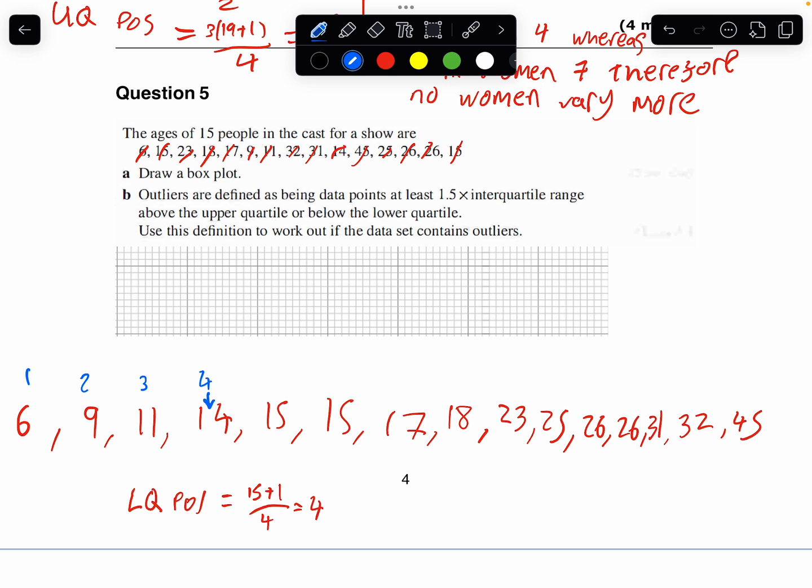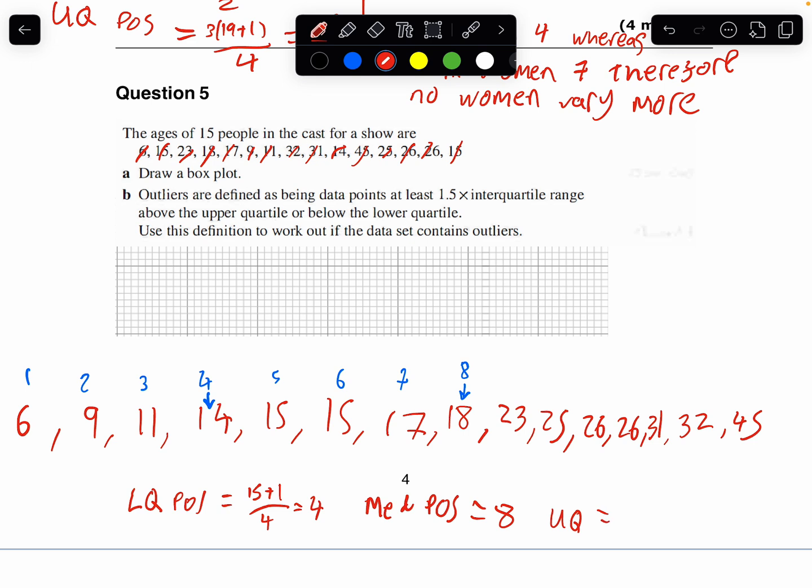I'm not going to bother writing down the calculations for the rest. The median position is going to be 15 plus 1 divided by 2, which is 8. So the 8th number is my median, 5, 6, 7, 8. So my median was 18.